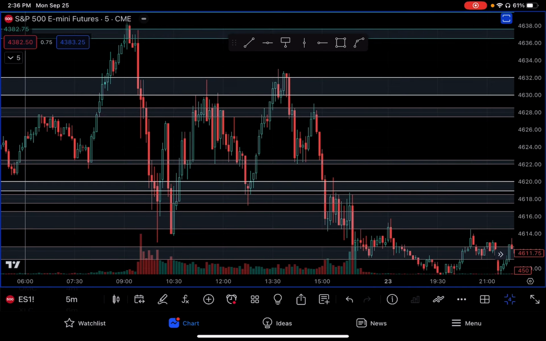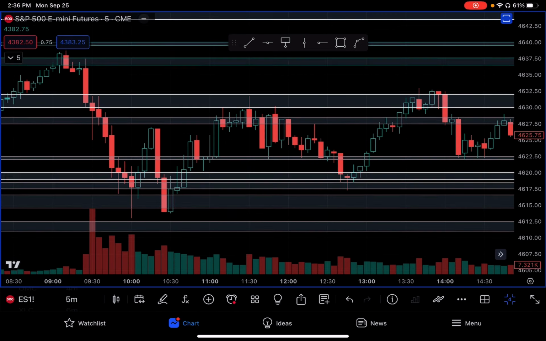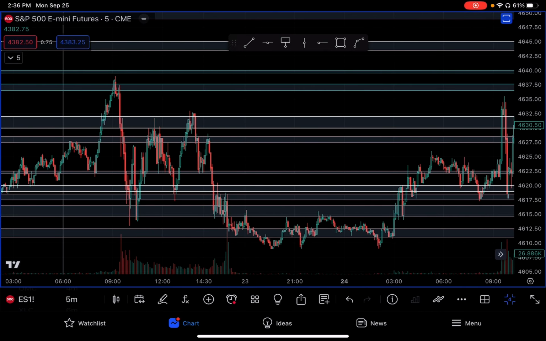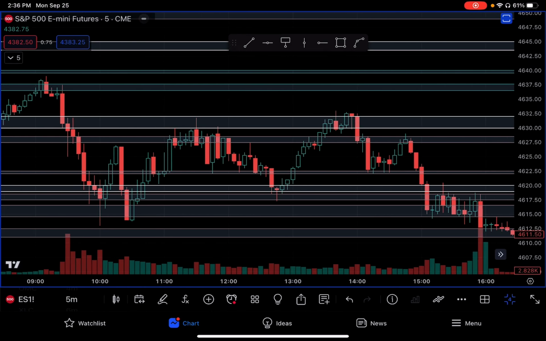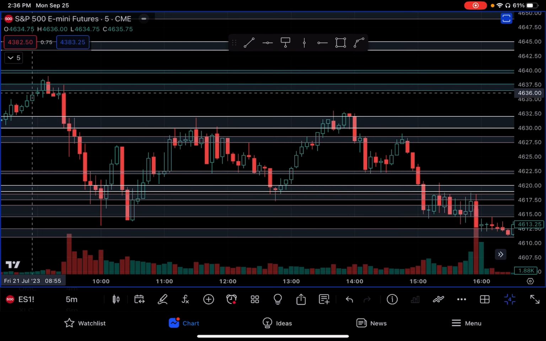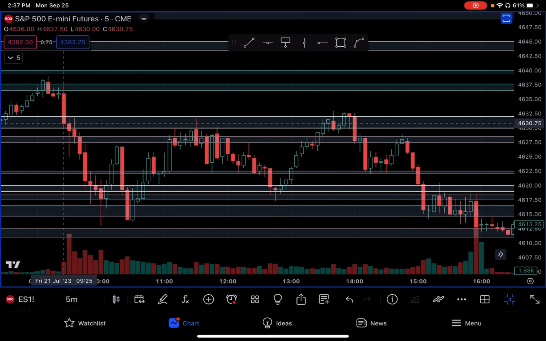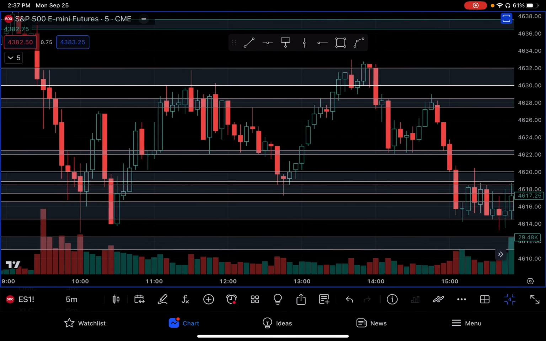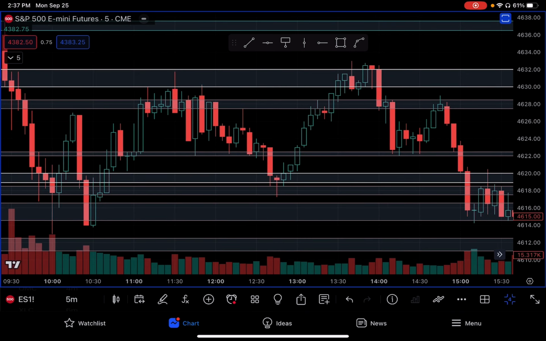So these actually ended up being pretty good setups that day. I don't know if I would have taken this, maybe, or maybe I would have waited to see if it actually fell through here. But I do really like how that turned out for that trading day.